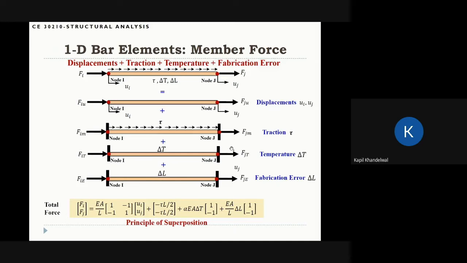In our class, we only considered temperature and fabrication for the bar members. But it turns out that we can also use temperature and fabrication for the beam members. We have not considered it just because we didn't get enough time to move to that topic. But the idea is the same. If you have a temperature effect in a beam member, it can be considered exactly in the same way, okay?